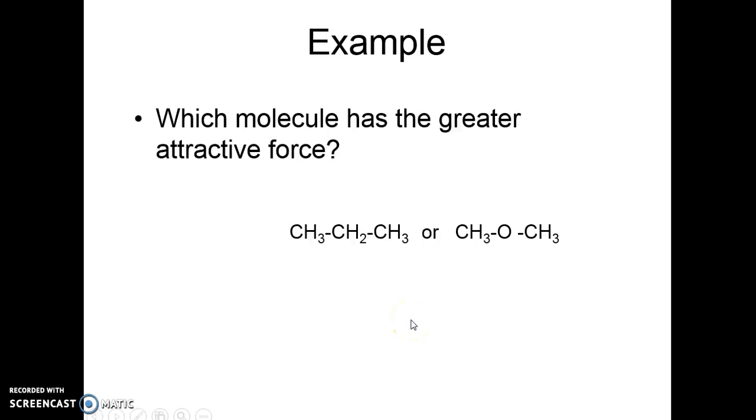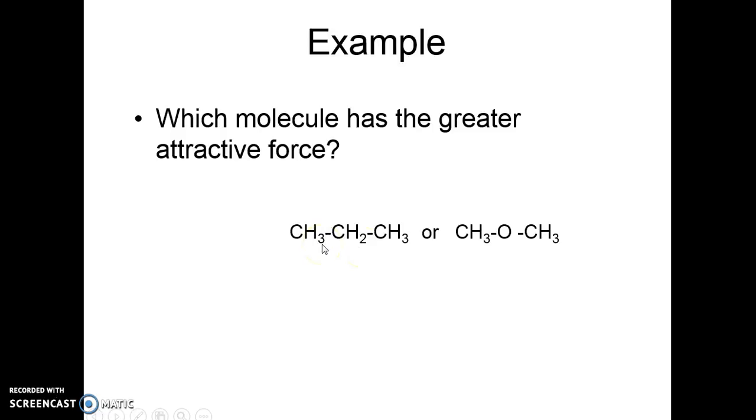Which one of these molecules has the greater attractive force? Well, these two have about the same mass, so their London dispersion force is going to be essentially the same. What is the difference? The difference is oxygen has two non-bonding pairs on it, so it's going to be polar. This is nonpolar.